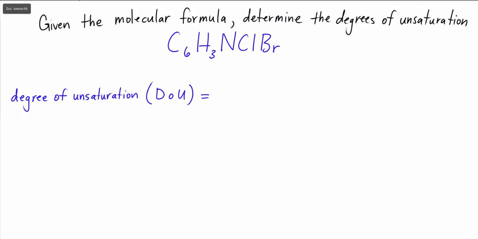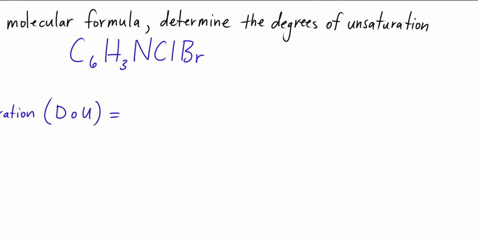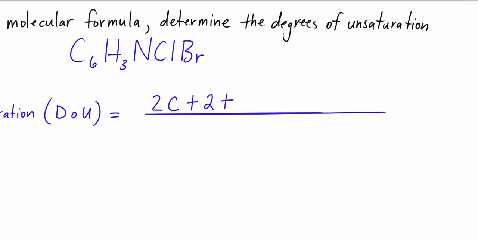Well, that is equal to two times the number of carbon atoms plus 2. However many nitrogen atoms you have, you must add that. You can subtract off the number of hydrogen atoms and you can subtract off your halogens, okay? And all of that would be divided by 2.